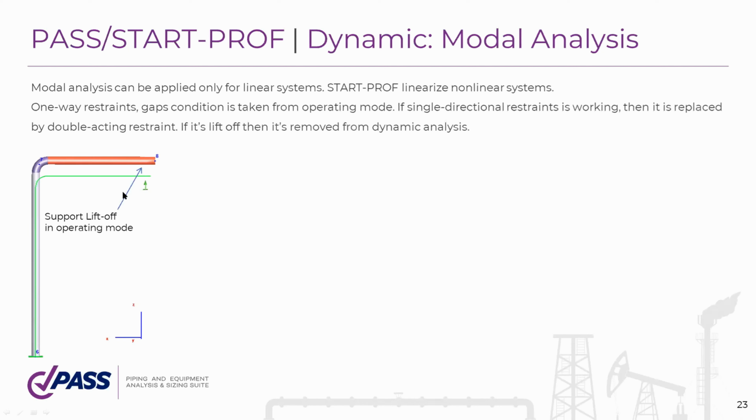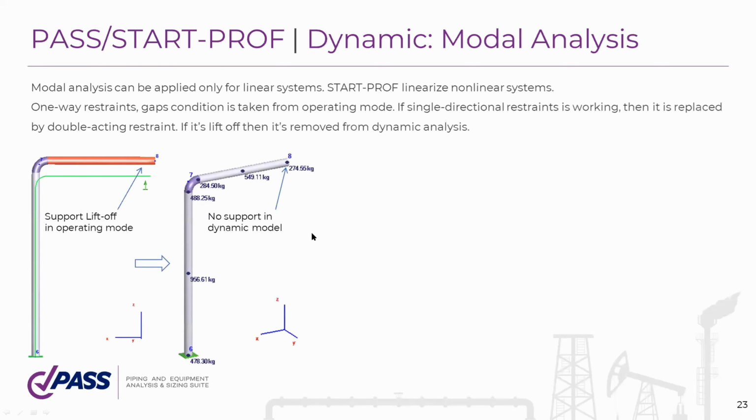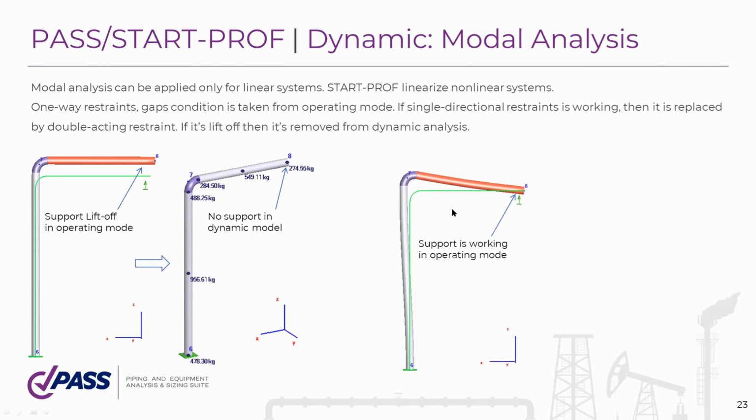For example, if a support lifts off in operational mode, we think that this support is not working, and when START-PROF performs dynamic analysis, it removes this support. It performs dynamic analysis without this support. The next option is that this support is working in operational mode.